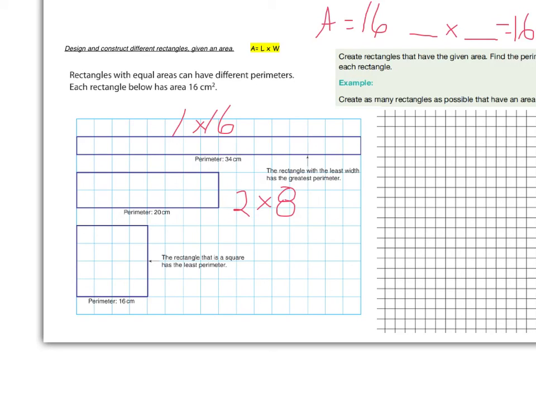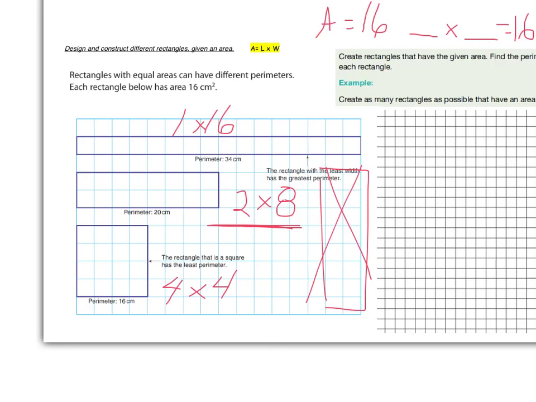No. 4 times anything? Yeah. 4 times 4 equals 16. 5 times anything? No. 6 times anything? No. 7 times anything? No. 8 times anything? Well, 8 times 2, we already have that. Same thing. If we were to draw it up and down or side to side, it's the same rectangle. It's just turned, so we don't need that. So then we know we are done. There are 3 possible rectangles.